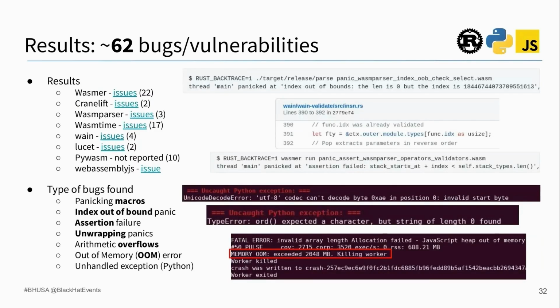The result of that was 62 bugs, mainly in Rust. The types of bugs I found were panicking macros, index out of bounds, unwrapping, overflows, and so on. Just to mention, we say that Rust is memory safe.